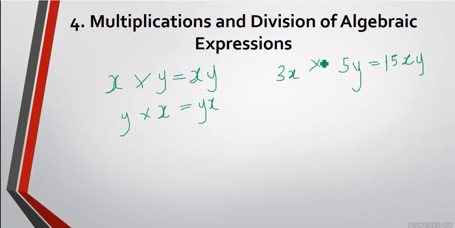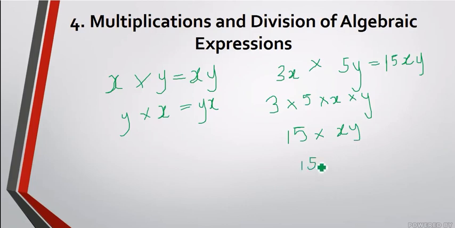I can write 3 multiplied by 5, and as I have been doing in the previous slides, multiply my numbers first before my terms. So 3 times 5 times x times y. As we can see, everything is separated, but we're going to get the same answer. Let me multiply my numbers first. 3 by 5 is 15. Multiplied by x by y is going to give me xy. And 15 by xy will give me 15xy. And this is our approach to this question.